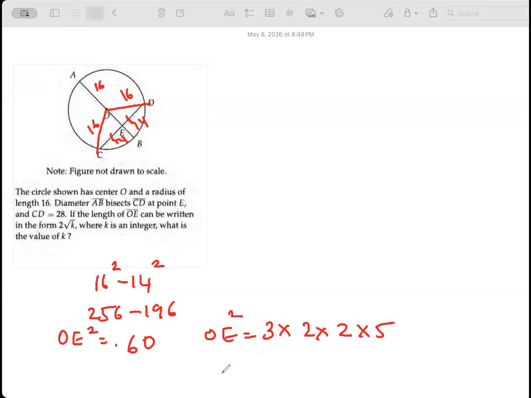So OE will be equal to 2 square root 15. So what is the answer of K is what they were asking, right? So K equals 15. You got it, but you did not answer, was what I meant. Answer was 15.